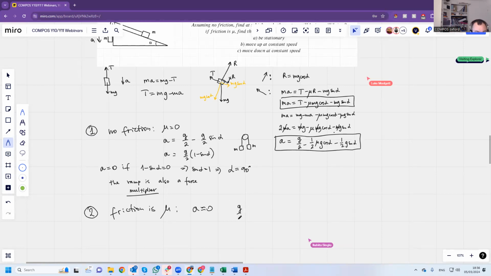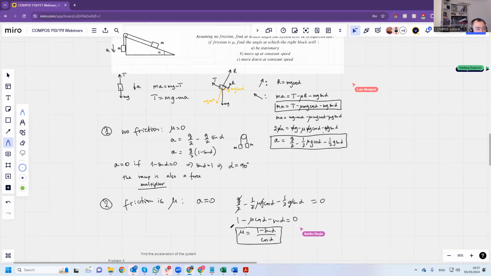And that means g over 2 minus 1/2 mu g cos alpha minus 1/2 g sine alpha equals 0. G cancels, and the half cancels as well. So 1 minus mu cos alpha minus sine alpha equals 0. And that means that mu is equal to 1 minus sine alpha over cos alpha. This is the condition for the system to move at constant speed.